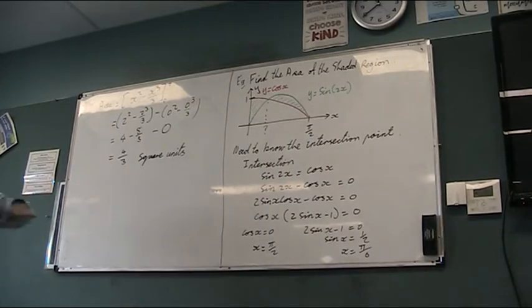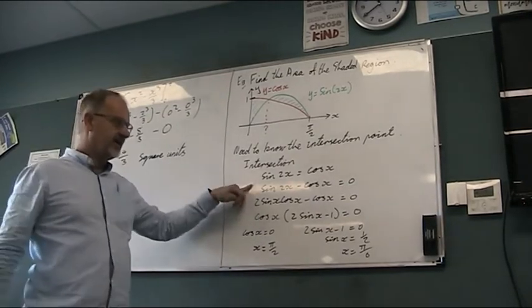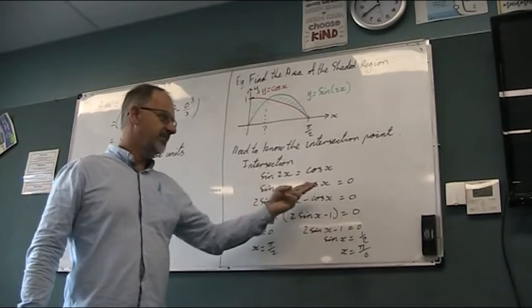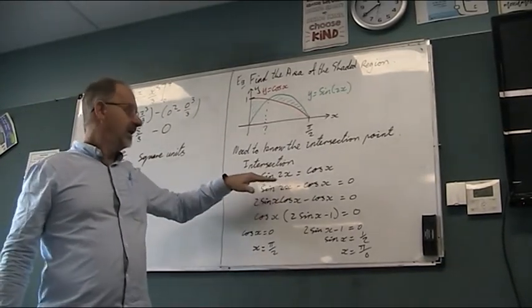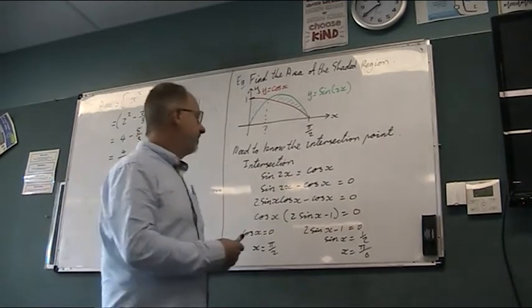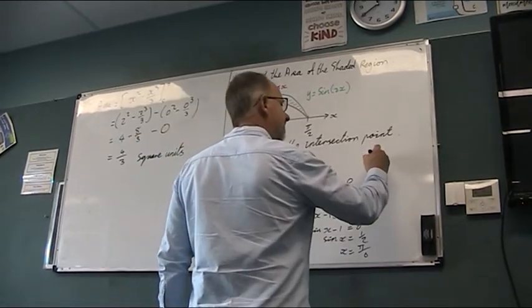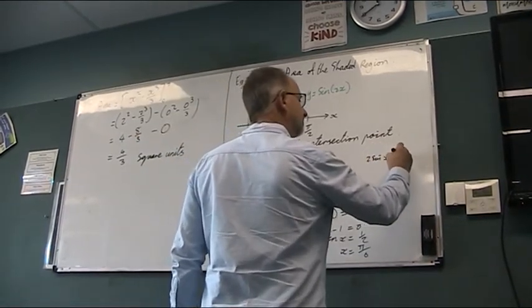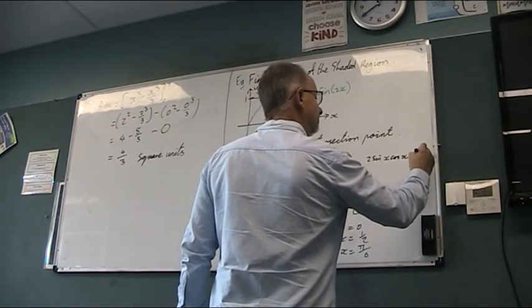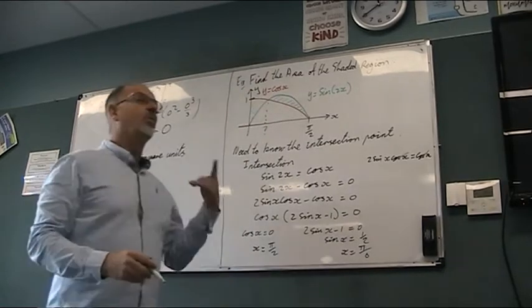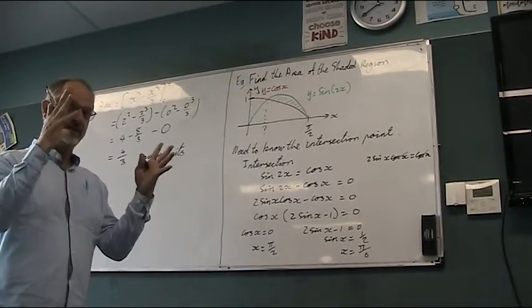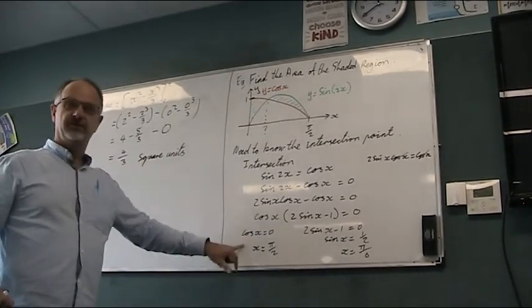Now, you need to do it like I've done here. Take the cos x and bring it across. Because if you just expanded like that and then cancelled the cosines, one of your solutions would disappear.